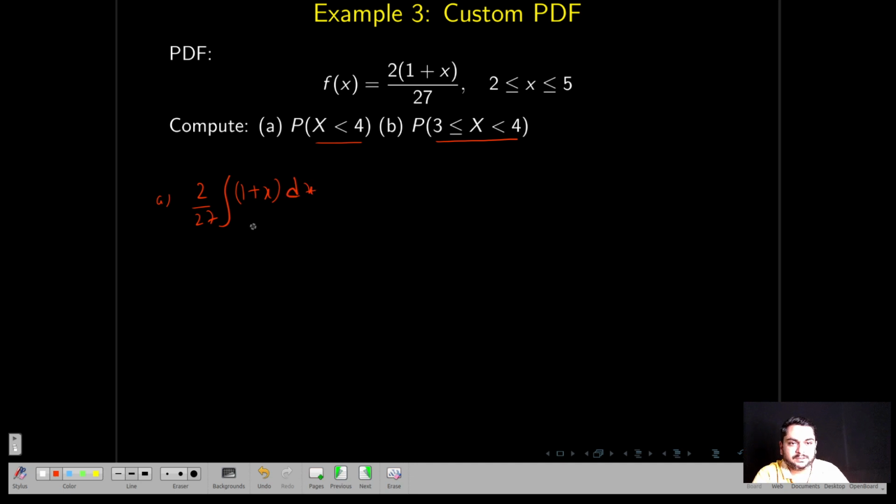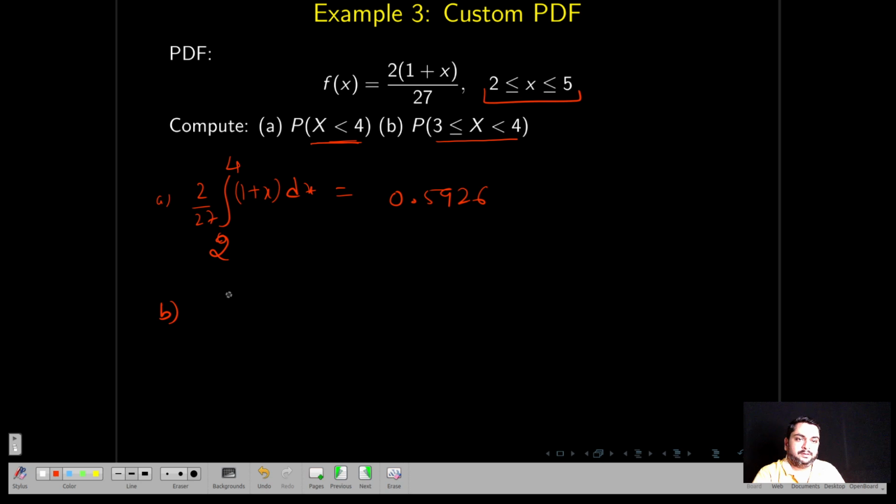So dx in the interval C is very important. x less than 4. Many people just write 4 here and 0 here. This is wrong. See the interval here. The lower bound starts from 2. So be careful. This answer you will get as 0.5926. You can just calculate and check.